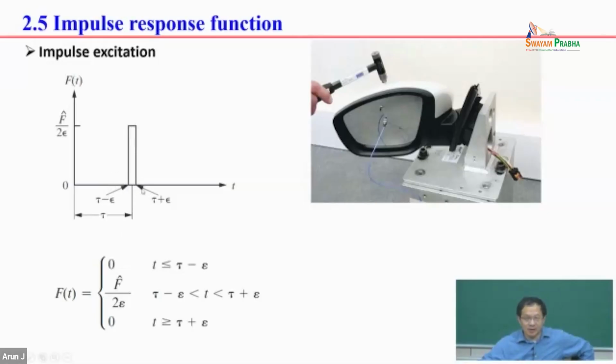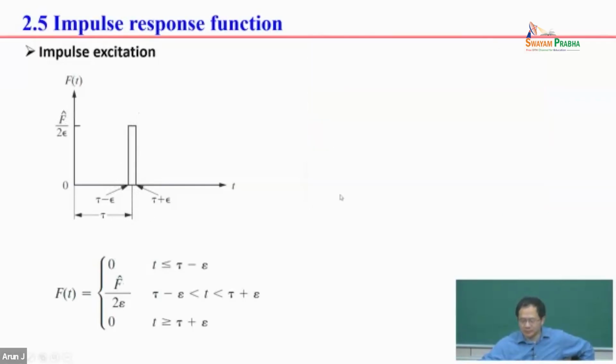In this short period, the amplitude can be large, depending on the weight. The total area, the integral, is F hat. So it only happens over a very, very small duration.